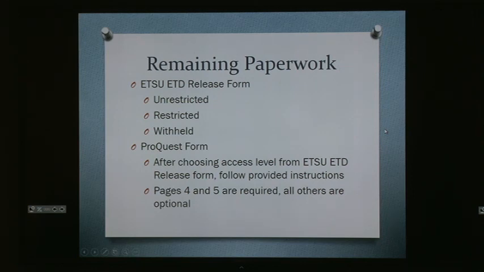This is where you will decide access for your thesis or dissertation here at ETSU. We have 3 options: unrestricted, restricted, and withheld. And the descriptions of those are on the form. And you will check which one you want down at the bottom, sign and date.